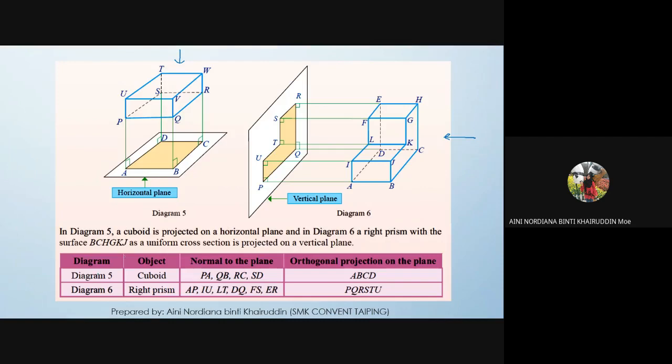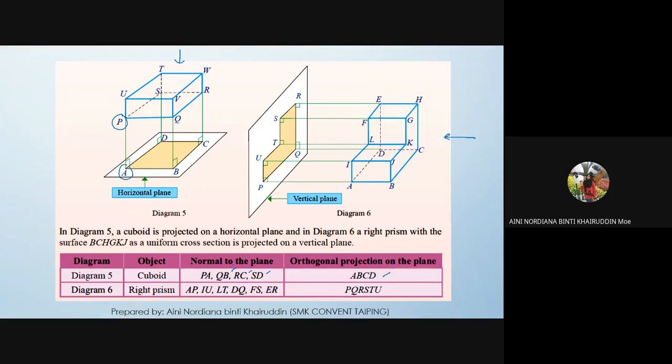Okay, so for diagram 5, the object cuboid, so normal to the plane, the green color, which is PA, QB, RC, and SD. And the orthogonal projection is ABCD.